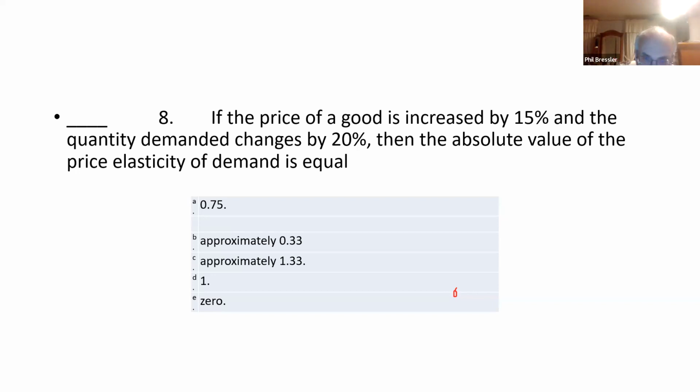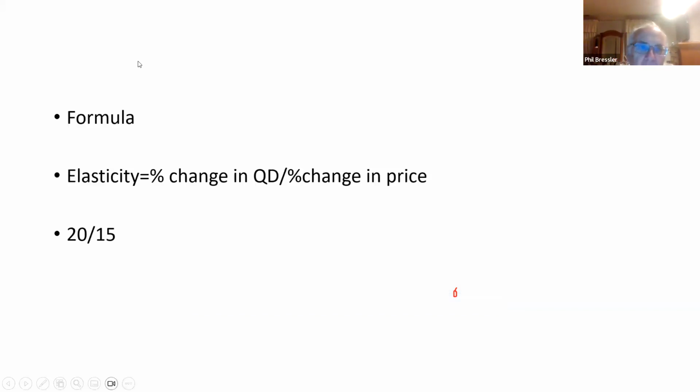It is elastic because it's greater than 1. So if price goes up in an elastic part, total revenue would decrease. I just gave you the formula and everything.